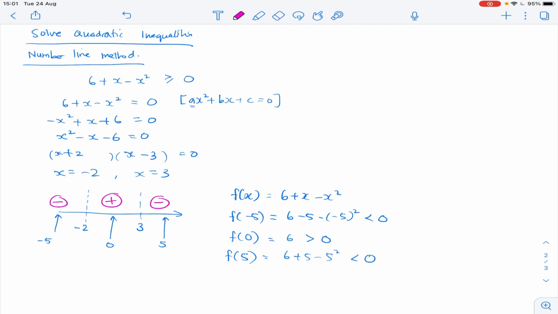So what are the ranges of x which satisfy these inequalities? We want this quadratic inequality to be greater than or equal to 0. So the range of values of x which satisfy this inequality would be x between negative 2 and 3, and negative 2 and 3 is included.